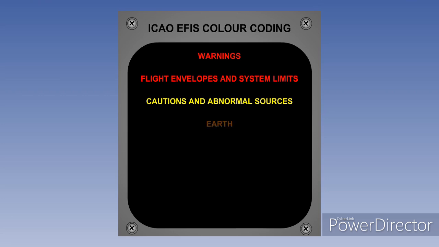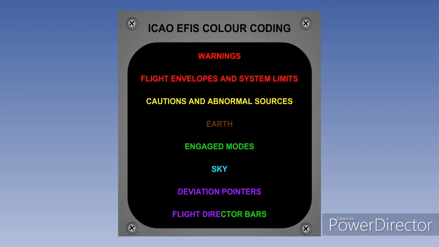The ground on attitude director indicators is a tan-brown colour. Engaged modes are shown in green. Cyan or blue is used for the sky. Deviation pointers, as with all demands or commands, are in magenta. Flight director bars can be in magenta or green.